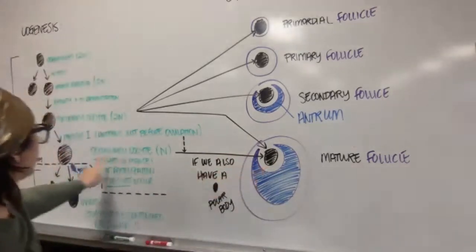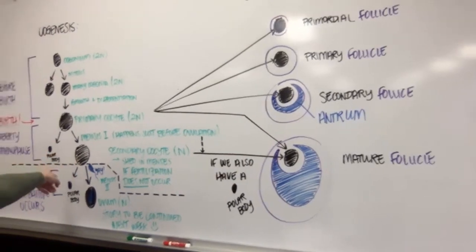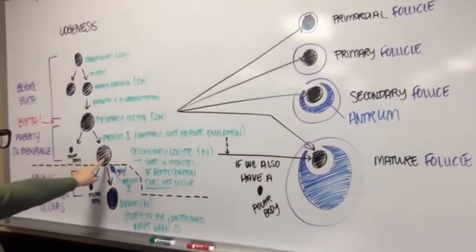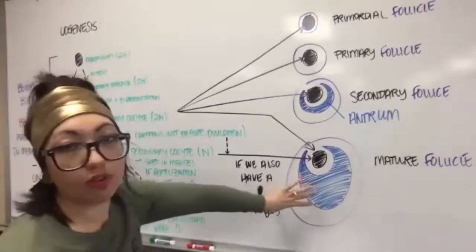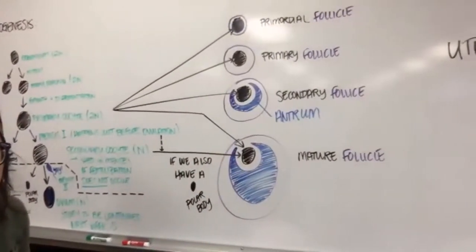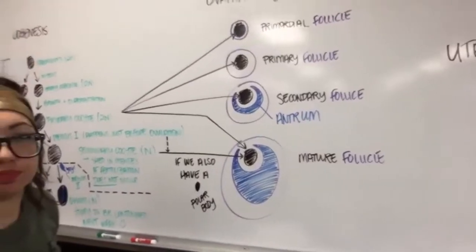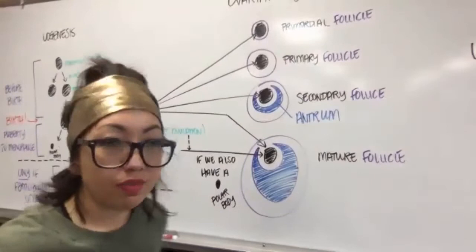Because we know that a secondary is going to produce a polar body. I don't know if you guys can see that. We'll have a secondary oocyte and a polar body. So we would see both of these things over here. Okay, does that help clarify? Okay, okay, very good.